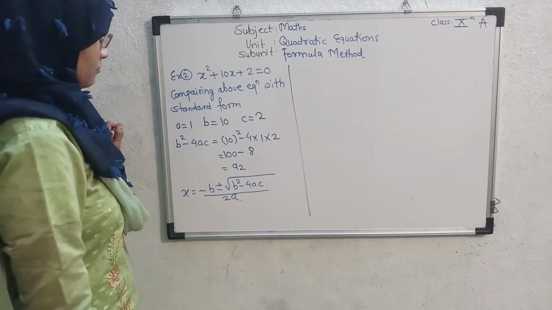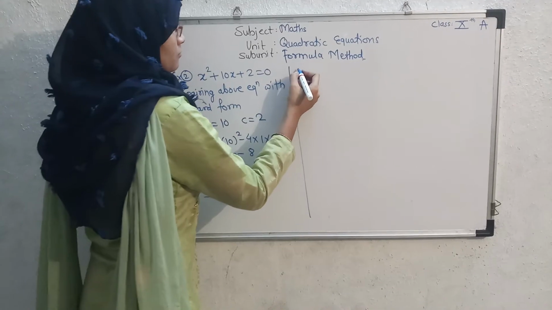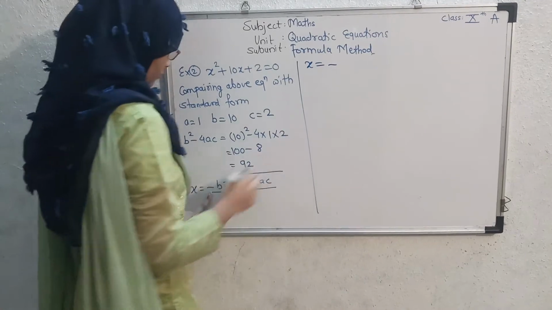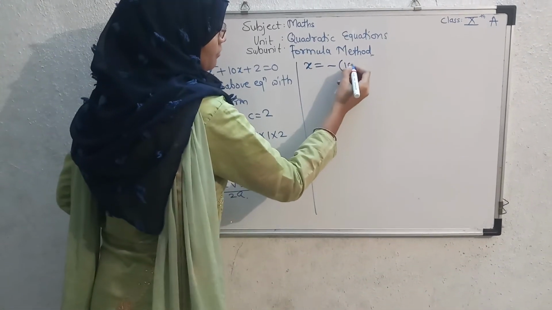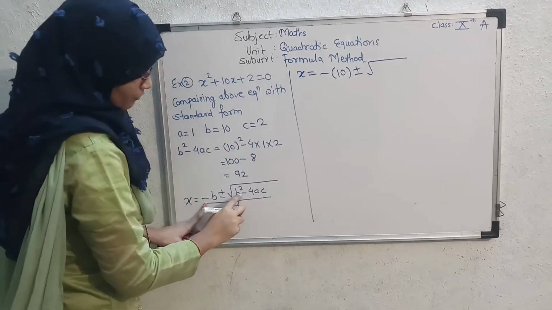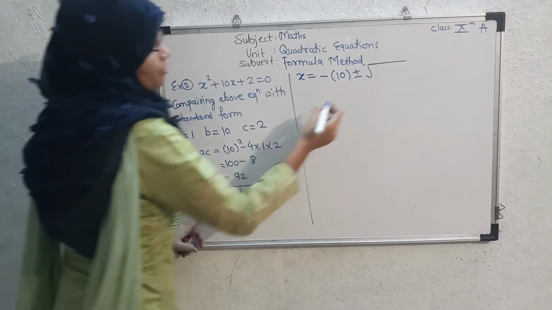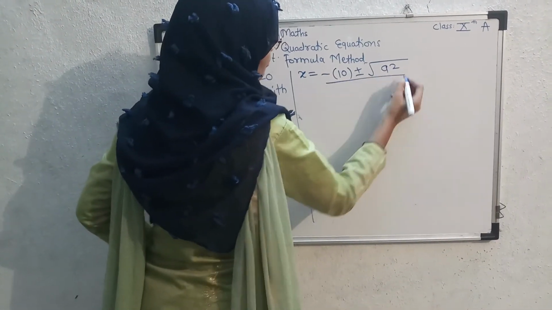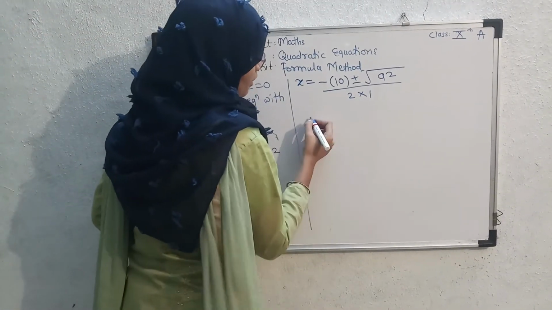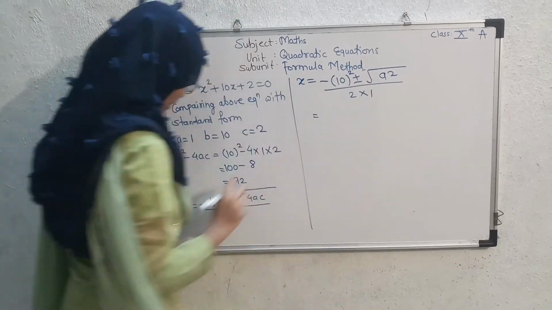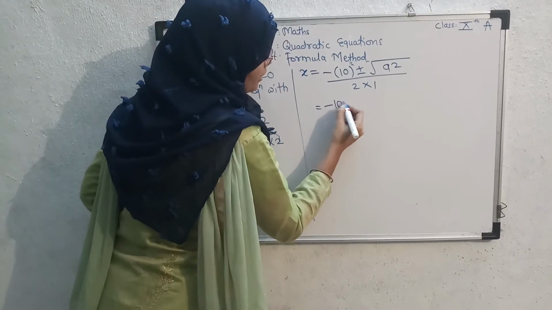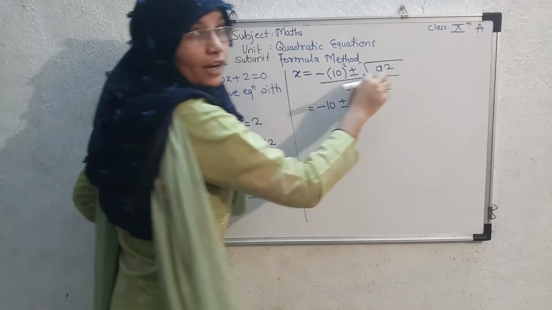Now put value. x is equals to minus, value of b is 10, plus or minus under root value of b square minus 4ac, we solved 92, upon 2a. 2 into a is 1. Now this is square, this is only b. Therefore it will get minus 10 plus minus square root of 92.